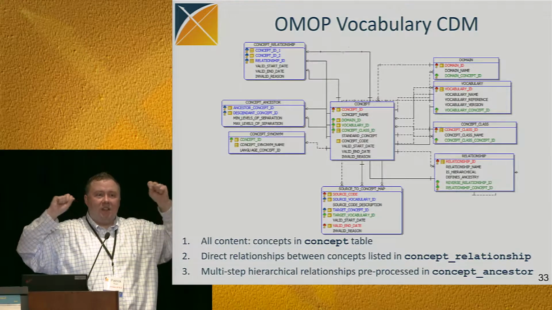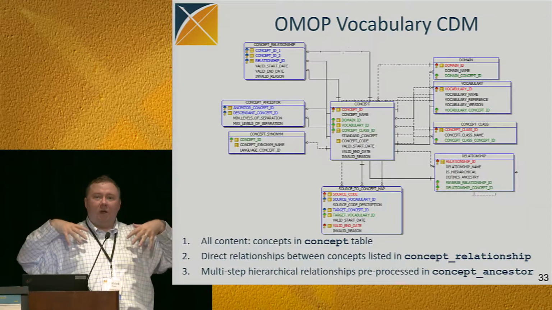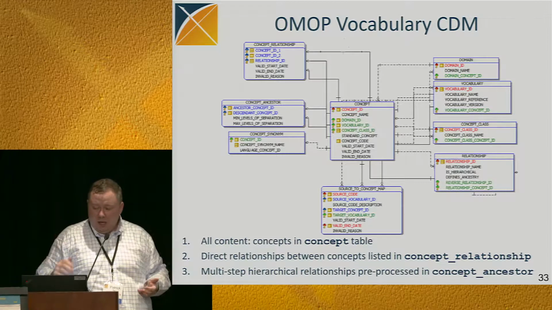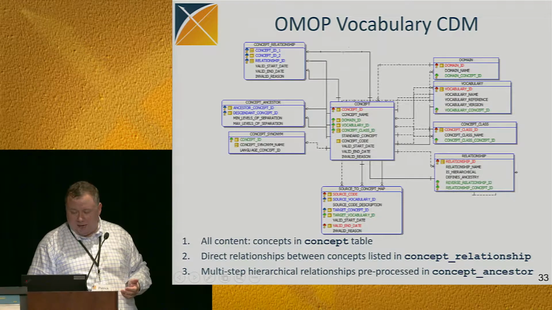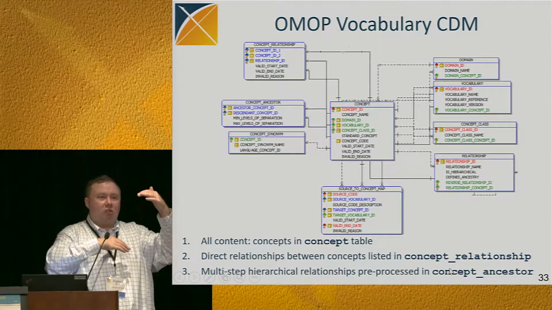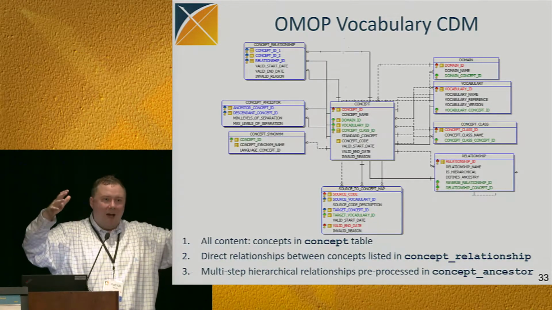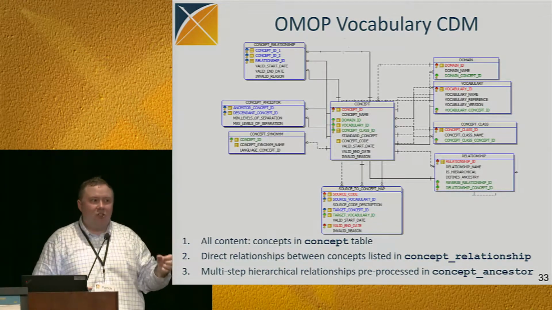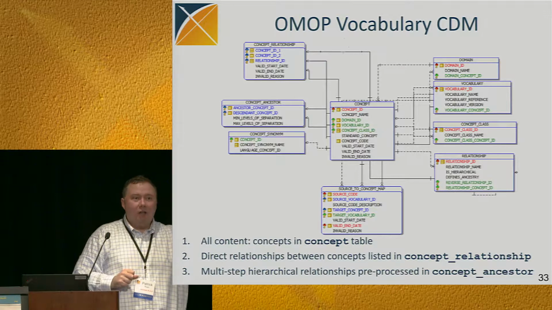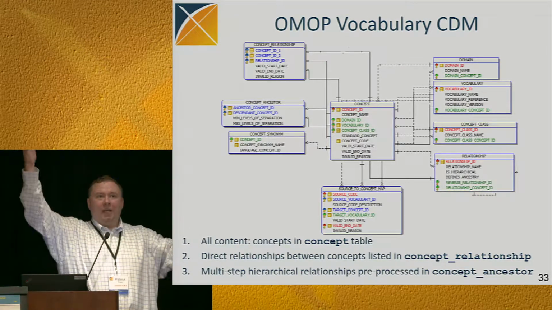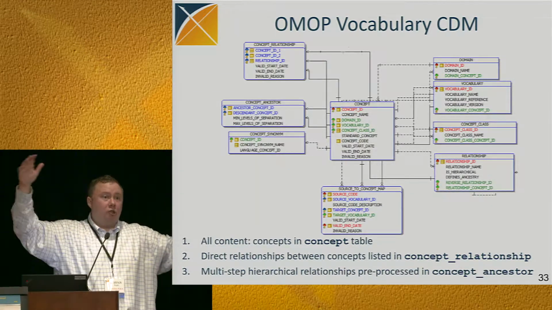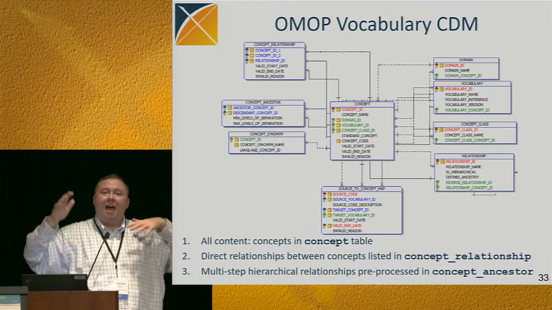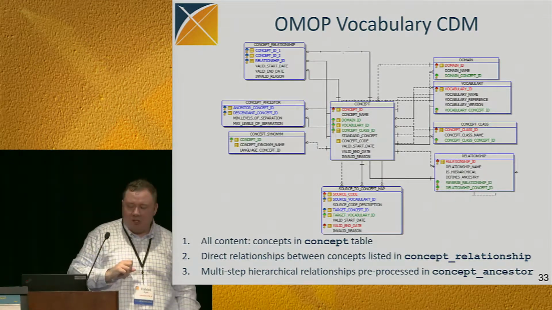And so recognizing that that's a pain in the butt, one of the things that we provide to the community is a table called Concept Ancestor, where we basically have done the transitive closure of that graph and provided a single data set that allows you to go from any descendant concept to any ancestor concept and be able to more efficiently navigate this ontology.